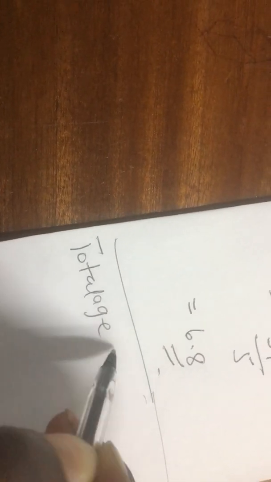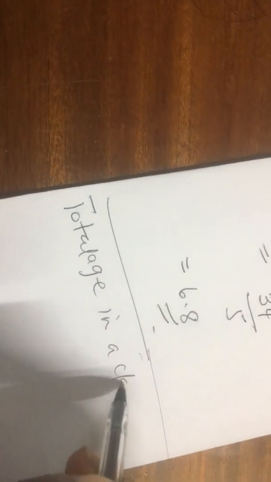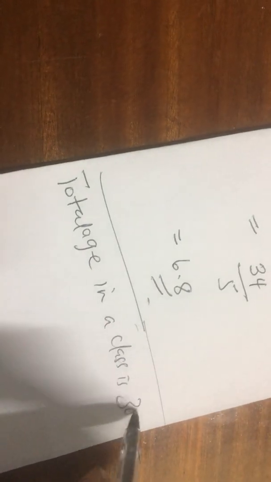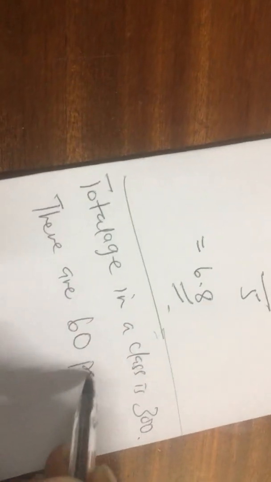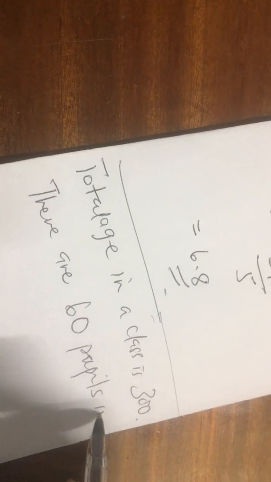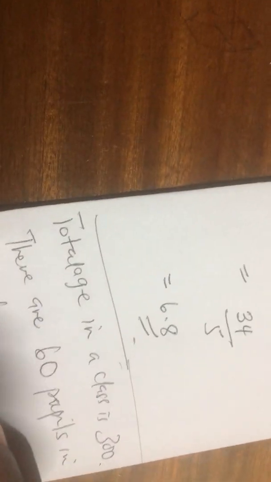And so if you are asked that the total age in a class is 300, and there are 60 pupils in the class.